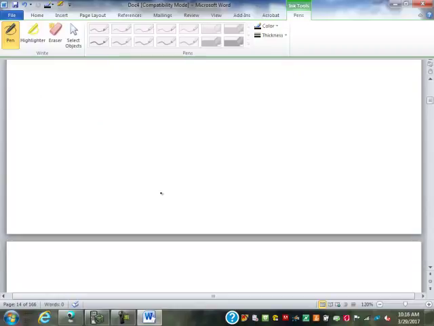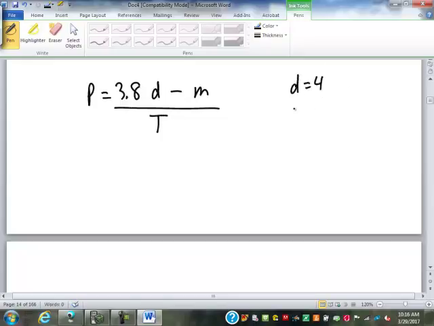We can use these decimals now in anything that we were able to use whole numbers and integers in. You know, we might have P equals 3.8 D minus M over T, where D equals 4, M equals 6.8, and T equals 1.4.